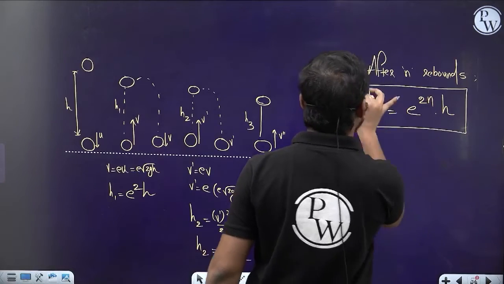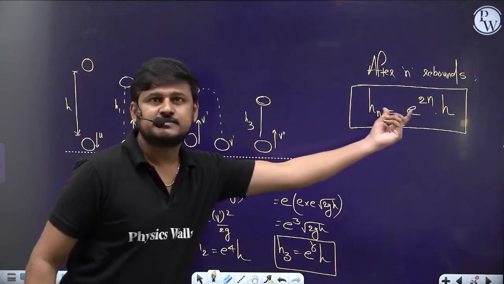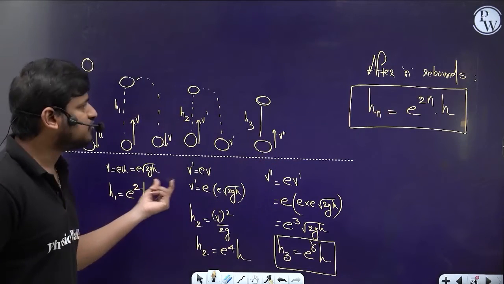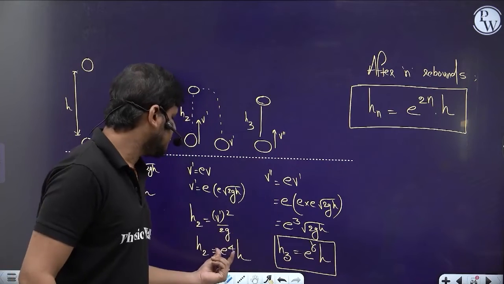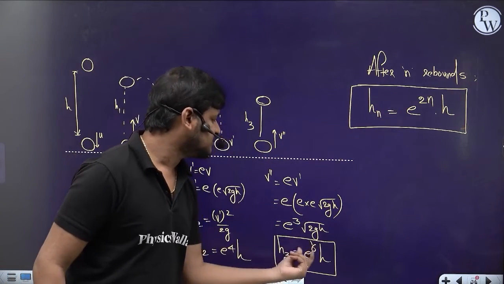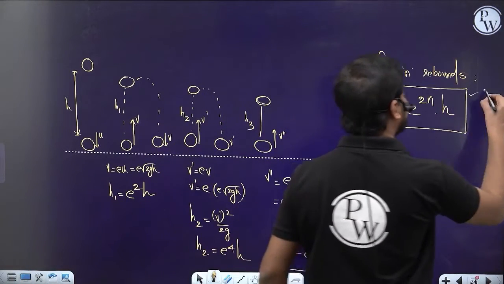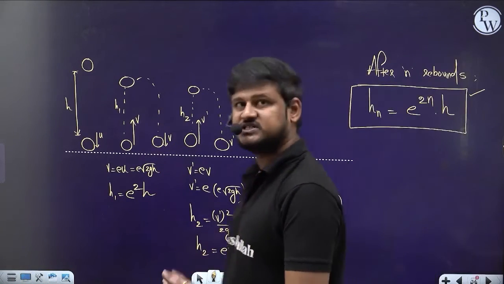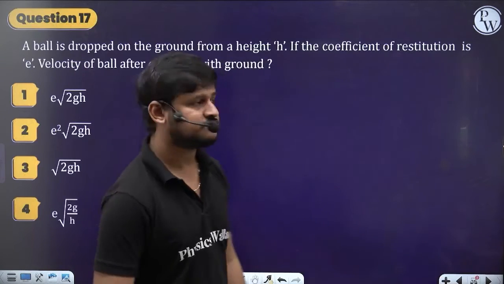In the first rebound, in place of n you can substitute 1, so e square into h. In the second rebound, e to the power 2 into 2, so e to the power 4 into h. In the third rebound, e to the power 2 into 3, e to the power 6 into h. Clear, guys? So this is after n rebounds. This is the concept, that's it. Clear? Chalo, let's move further.